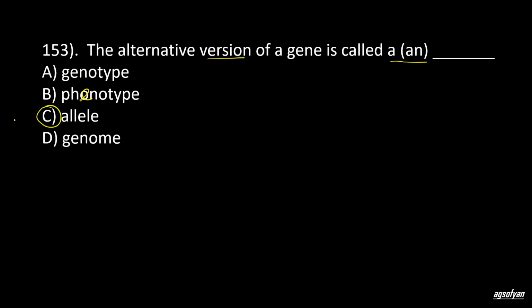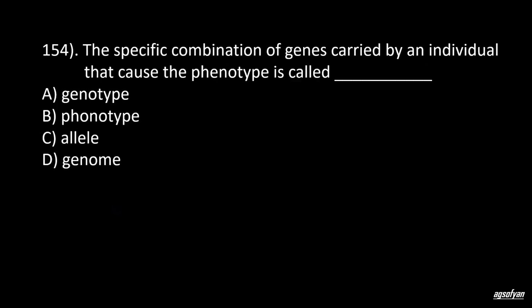Okay, this should be maybe dominant or recessive allele. So genotype always consists of two alleles. The specific combination of genes carried by an individual, the combination of genes that cause the phenotype, is called genotype.